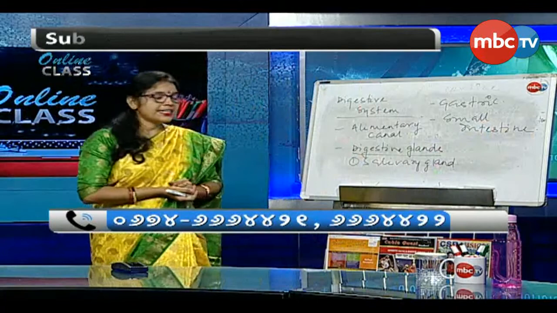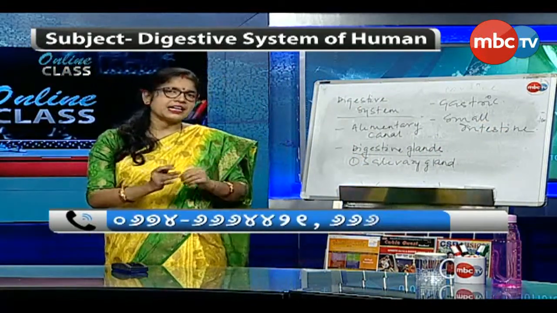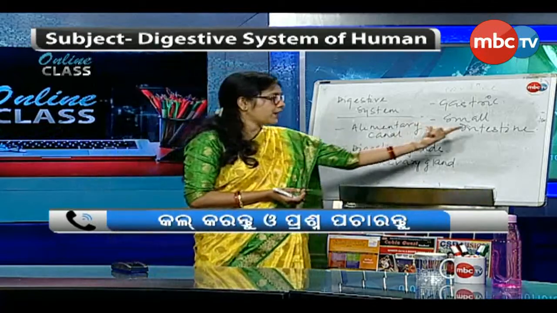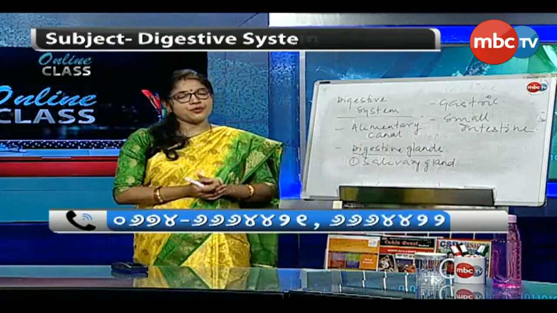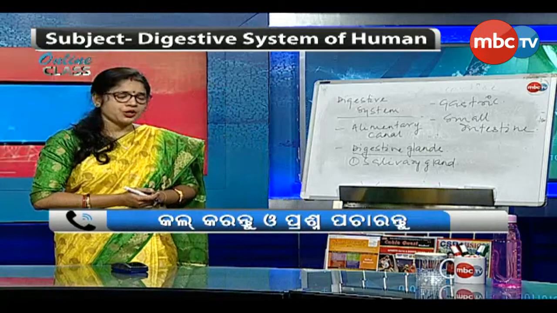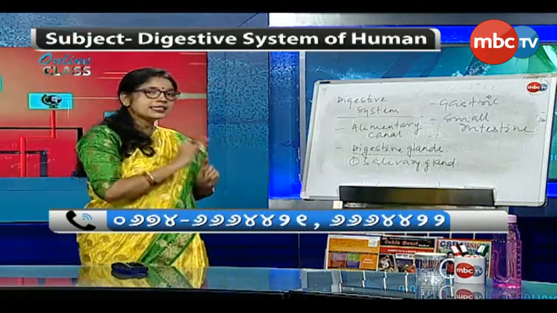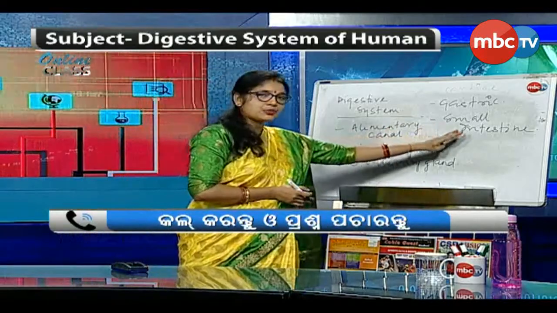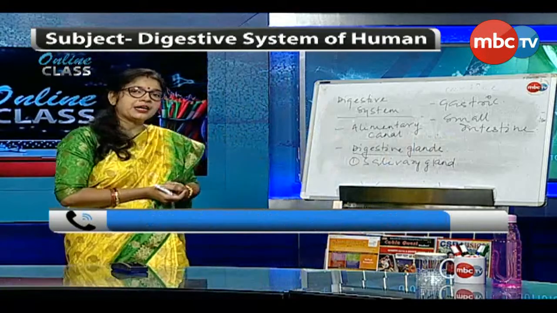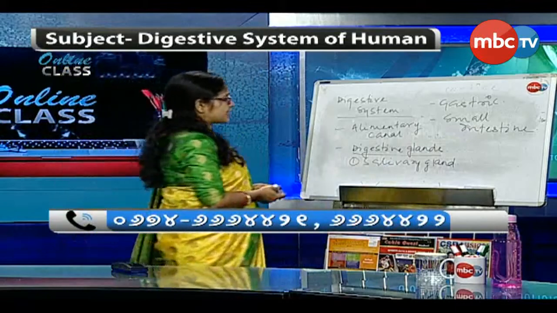The small intestine is the part of the alimentary canal that participates in the mechanism of digestion and also in the process of absorption, because the small intestine is also formed by a group of cells known as crypts of Lieberkuhn. Crypts of Lieberkuhn are present within the small intestine, and they are responsible for secreting a number of digestive juices which help in the mechanism of digestion.